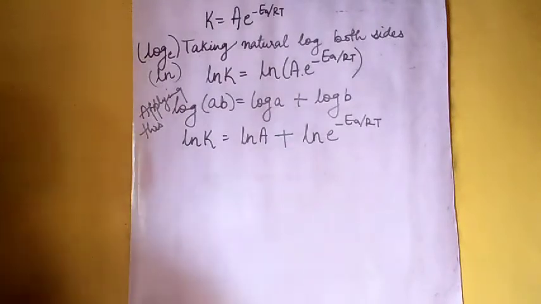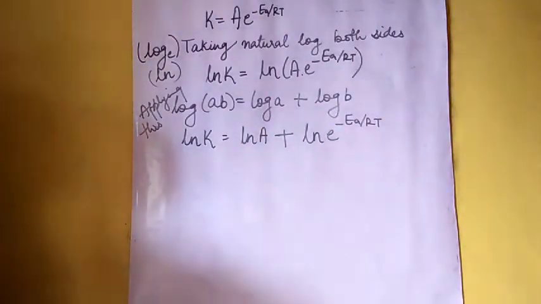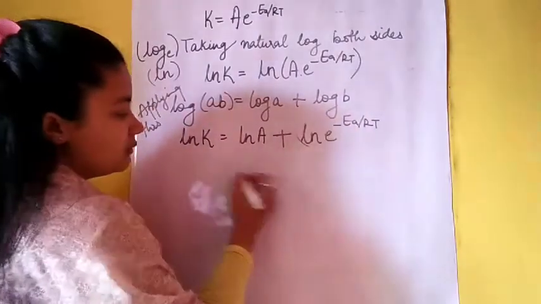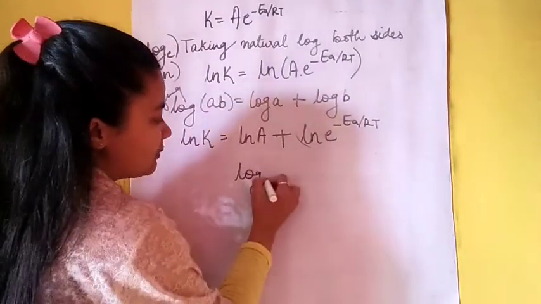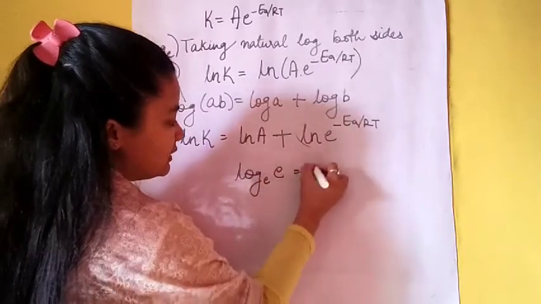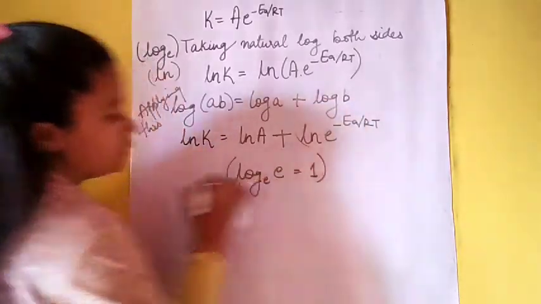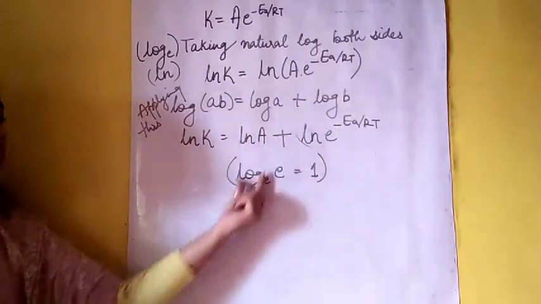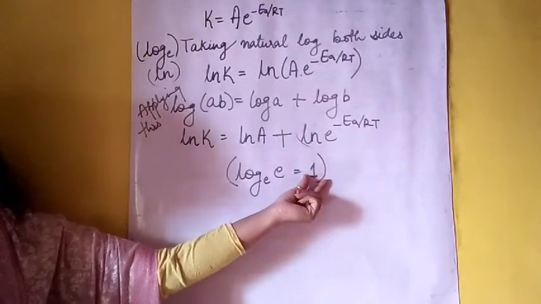Now we have to solve this equation, so we have to apply one more formula. Now why do we take natural log and not log base 10? The only motive is to make this term 1, because log base e of e is equal to 1. We are taking log base e and it is already e here, so this is always 1, right?